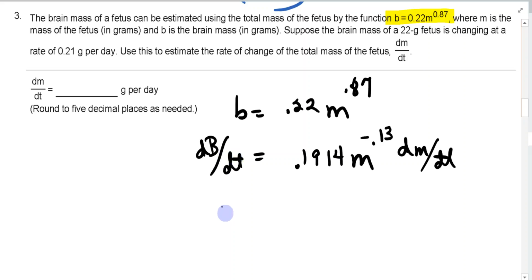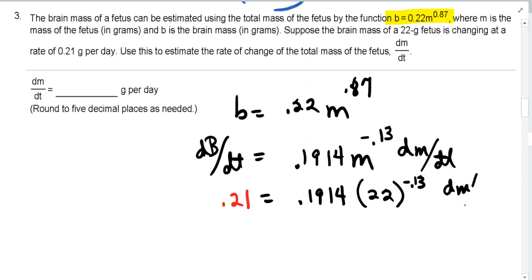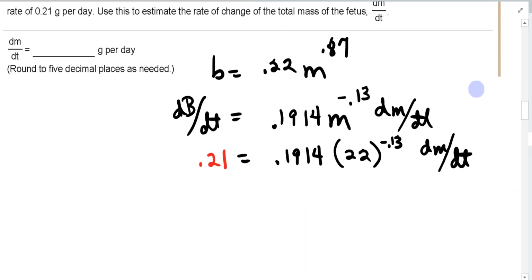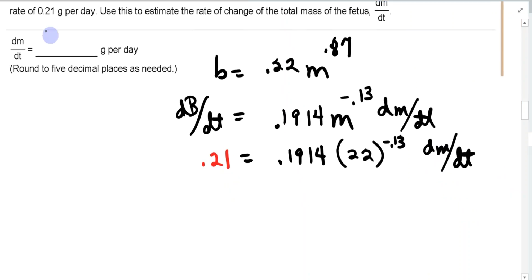So we're going to put 0.21 here equals, and I'm going to go ahead and put 0.1914, and then the mass that we were given was 22 to the negative 0.13, and dm/dt is what we're trying to find. So typically that's what's going to happen. We'll take the derivative and then we plug in the things that we do have. So I meant to put that also in red.